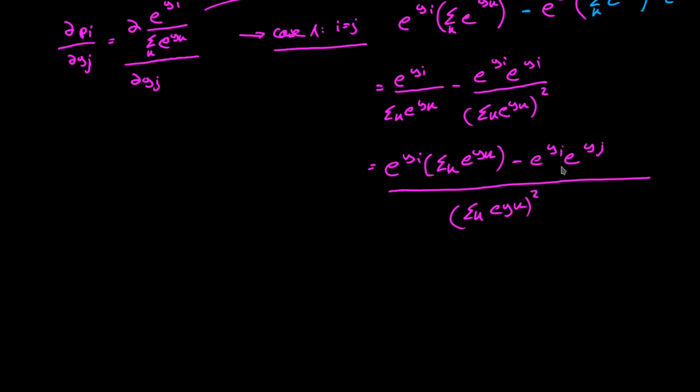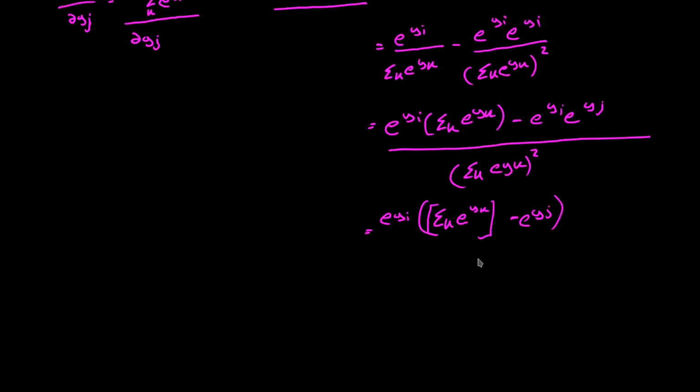Now we see that e^(y_i) is in both terms, so we are gonna extract it. So this becomes e^(y_i) that multiplies summation over k of e^(y_k) minus e to the power y_j. So this element is outside the summation. Now this is divided by the same thing squared, like this element.